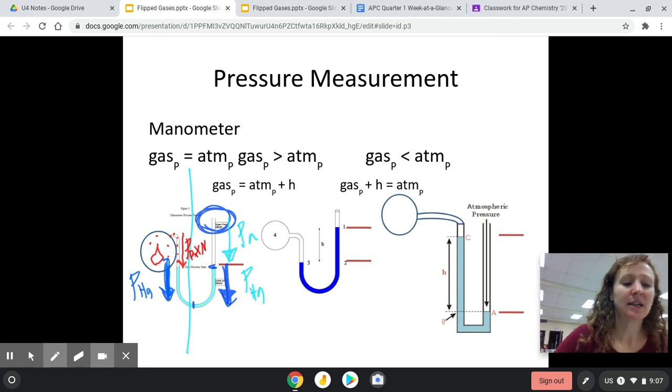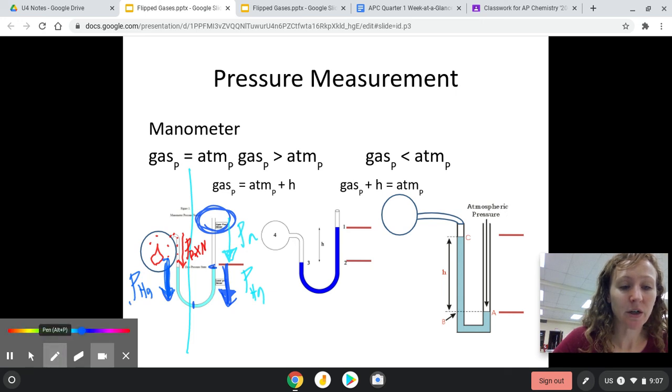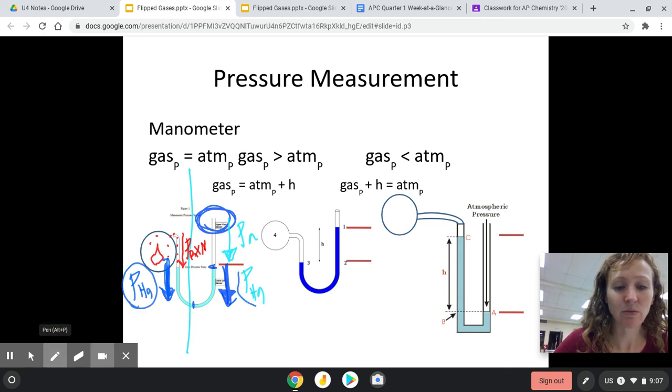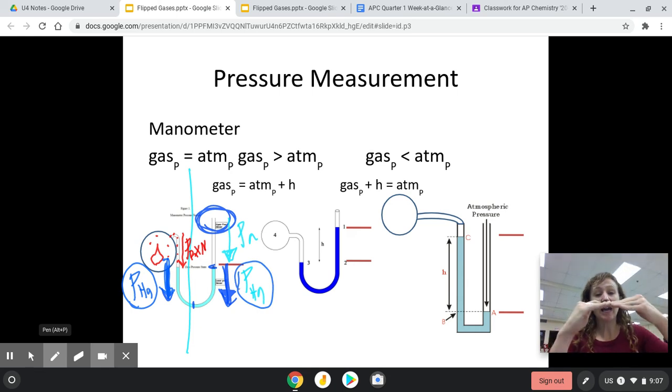Now we can see that in this first example, we have pressure of mercury on this side and pressure of mercury on this side. And if those heights are the same, these two are going to equal each other out. They negate each other. They take each other out of the equation. If you have two forces in opposite directions that are equal, they're going to equal each other out and neither one of them makes a difference, right?